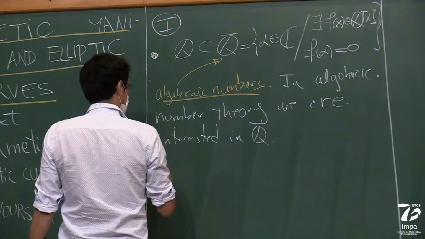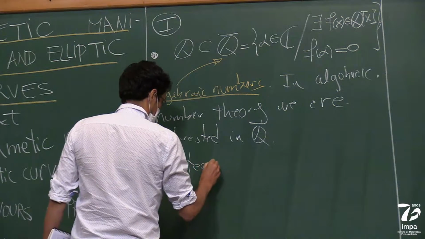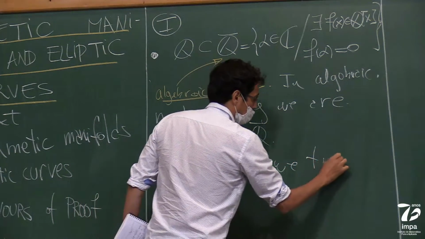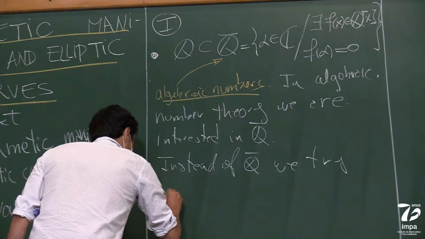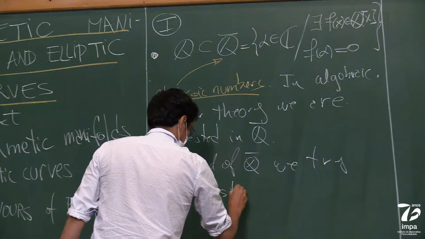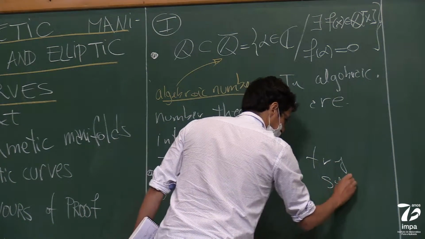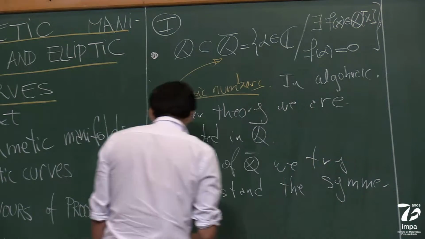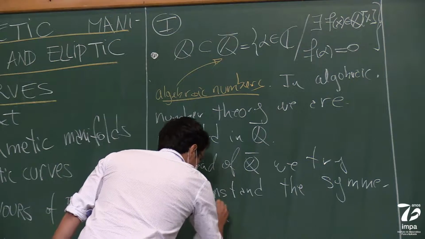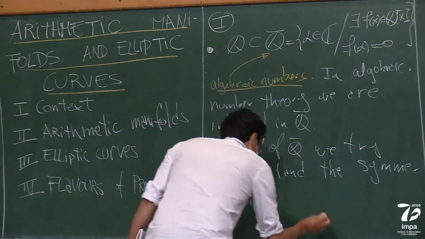Instead of Q bar itself, we try to understand the symmetries of Q bar, which is called the Galois group.